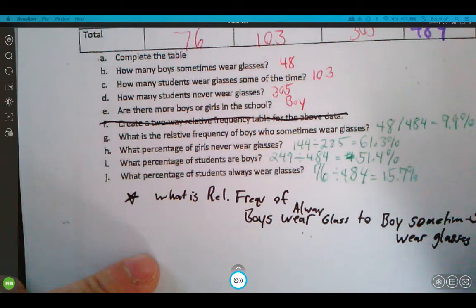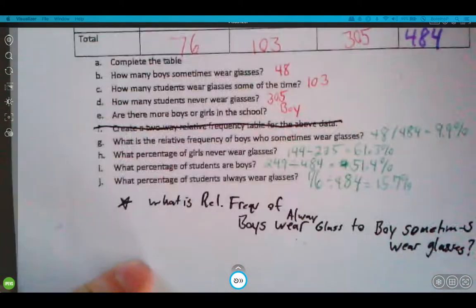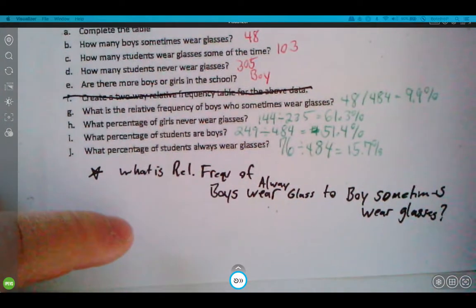Okay, so now I'm being more specific with my relative frequency.